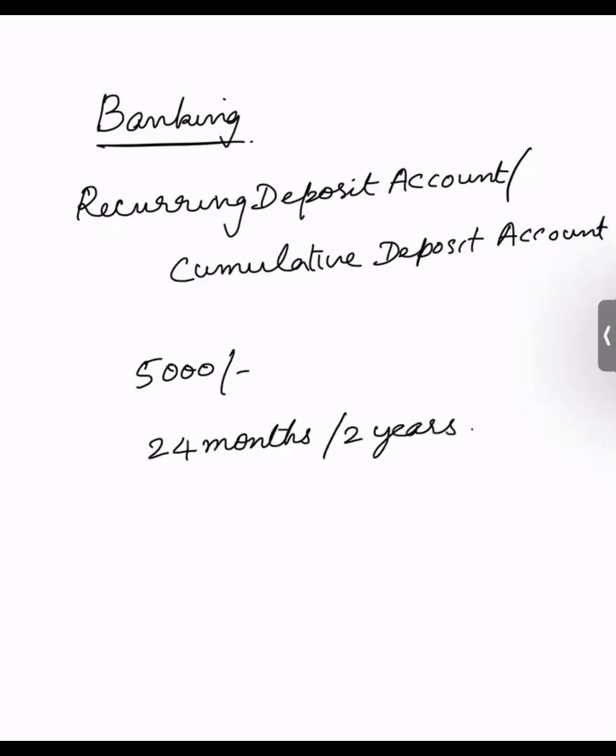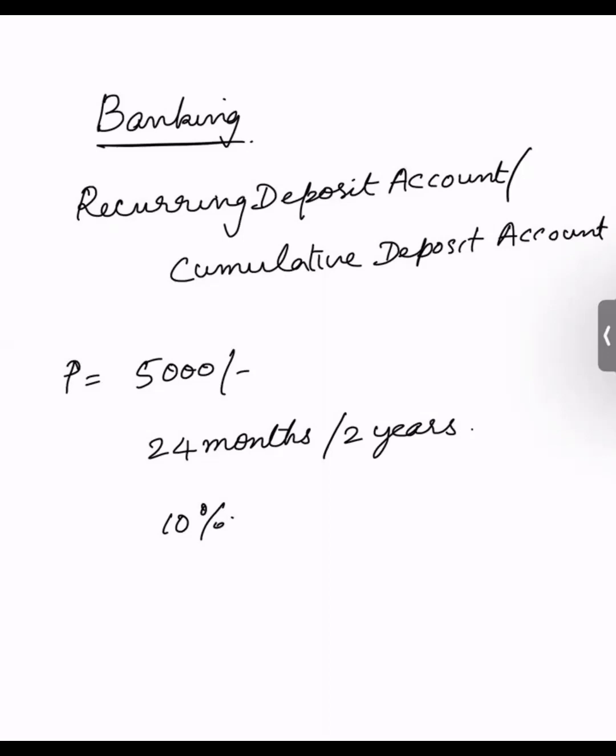Then the bank will say this is going to be at a specific interest rate. Say, for example, the interest rate is going to be 10%. So what all do you know? You know the principal. Principal means the amount that you are going to invest in each month.